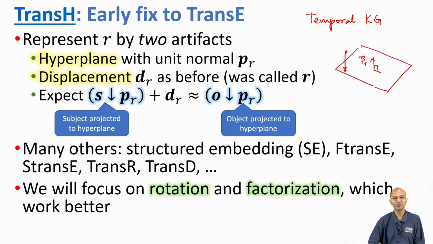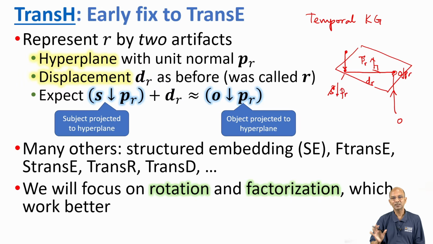So the subject projected to the hyperplane plus the displacement dr within the hyperplane should roughly be close to the object projected to the hyperplane. So this is the object projected to the hyperplane. That point is the subject projected to the hyperplane.